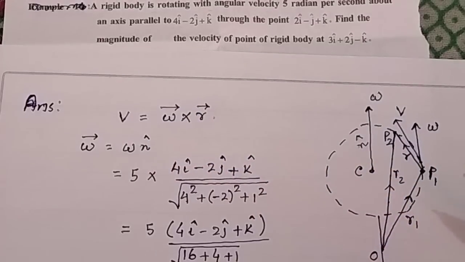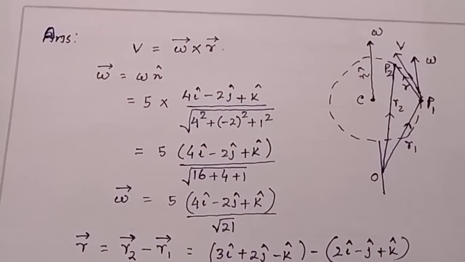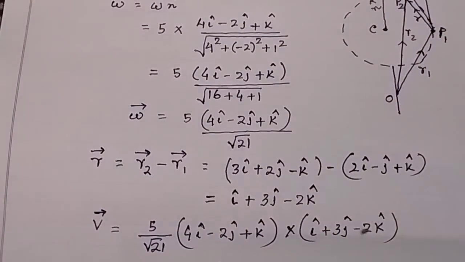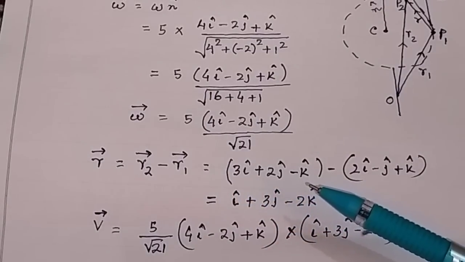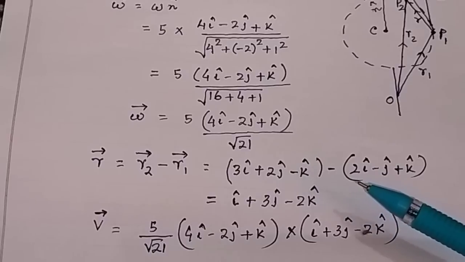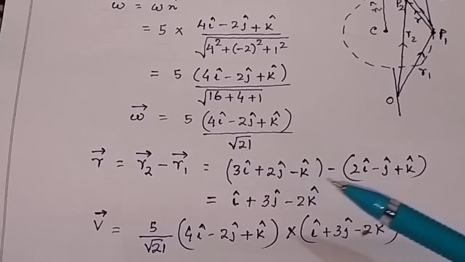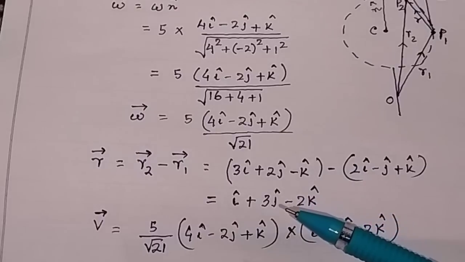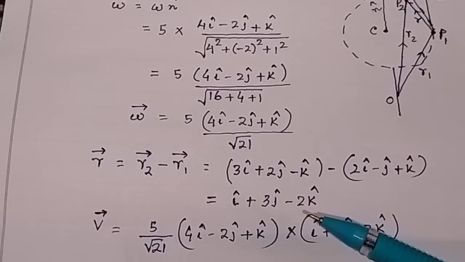So to find the displacement vector, you calculate r equal to r2 minus r1. r2 is 3i cap plus 2j cap minus k cap, minus r1 vector, 2i cap minus j cap plus k cap. 3i cap minus 2i cap is i cap, plus 2j cap plus j cap, that is 3j cap, minus k cap minus k cap, so this is minus 2k cap.